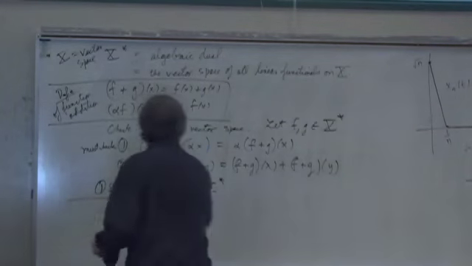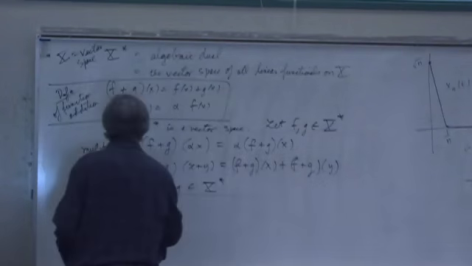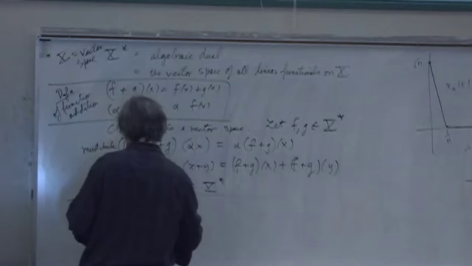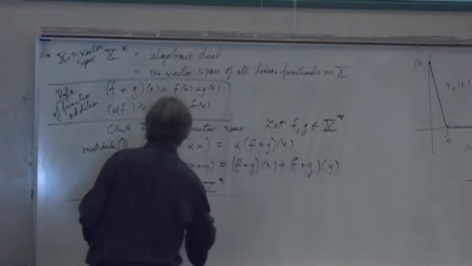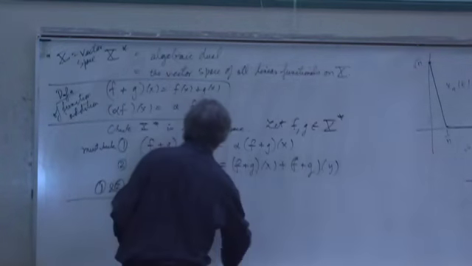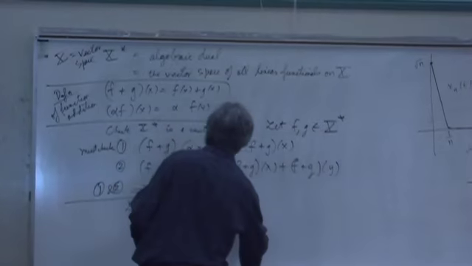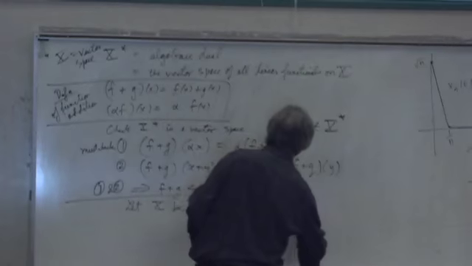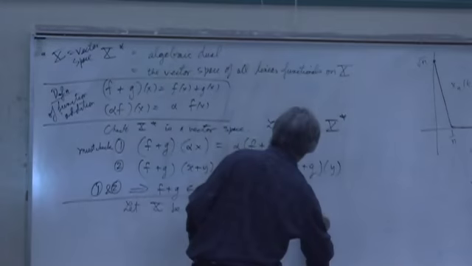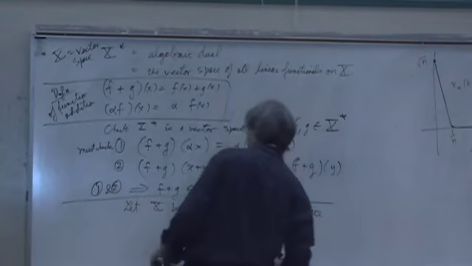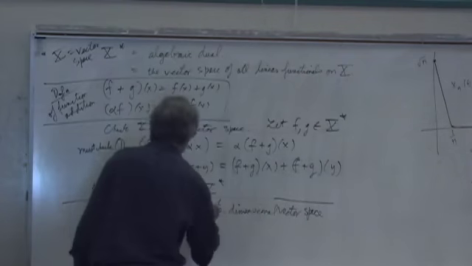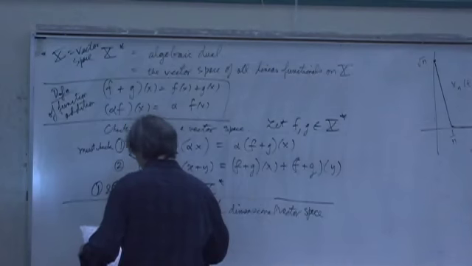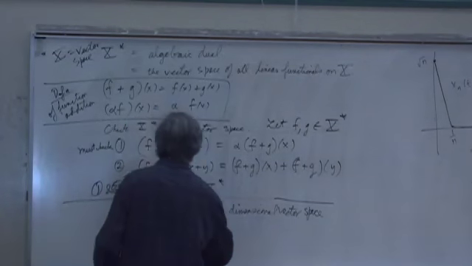Now let's consider a dual basis. What's a dual basis? Let X be a finite dimensional vector space. We're going to worry about the finite dimensional case first, with dimension n.